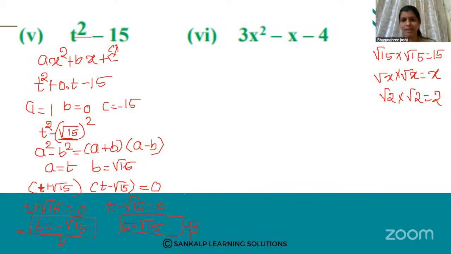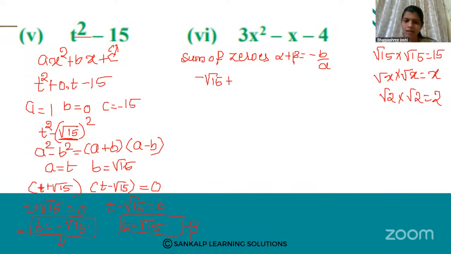Next step, what will you do? Find out the sum of zeros and product of zeros, right? Yes. Sum of two zeros, alpha plus beta is equal to minus b divided by a. Now, dear children, what is the value of alpha? Alpha value is minus root 15, plus what is the value of beta?